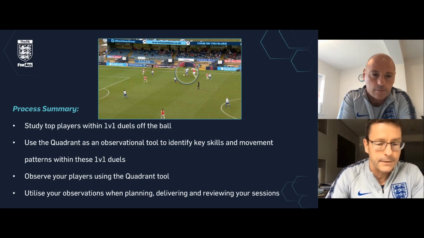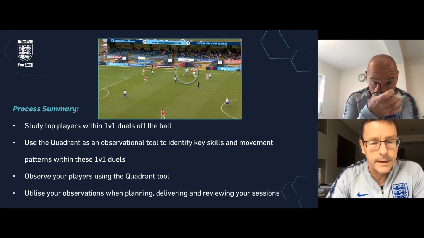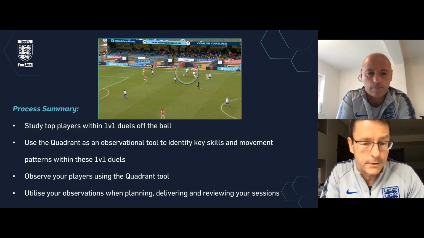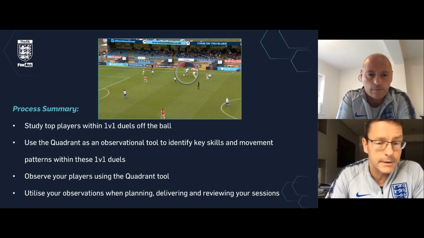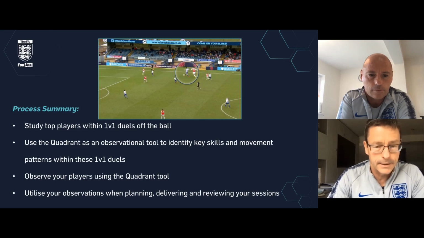So it's about breaking things down like that as well. Which foot do you challenge with? Do you go in with your right foot to challenge, or your left, outside of the foot, etc. And by continually studying, rewinding, looking back again, you're getting those in. And then, like you say, they'll come up in practices. Then you can devise practices where they'll come up a lot.